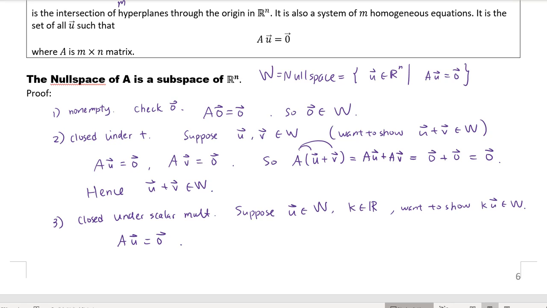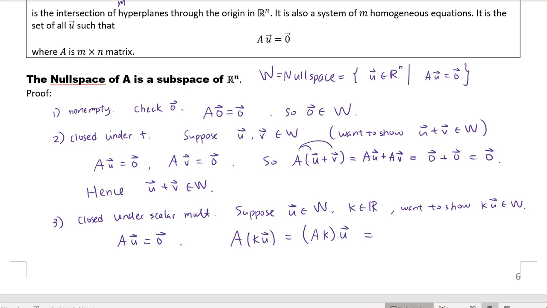In order to show whether ku is in W, we want to figure out what is A applied to the vector ku. Because multiplication is associative, we can multiply Ak first. But because k is a scalar, a matrix times k is just all the entries multiplied by k.